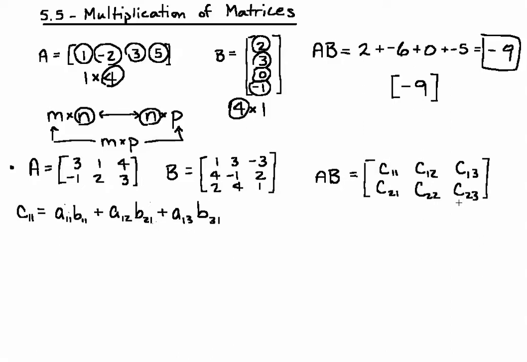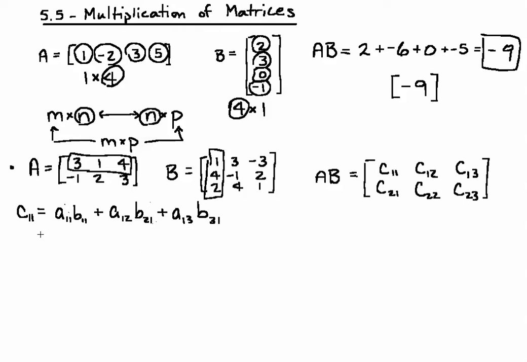So starting this out, we're going to apply the same principle. We're going to start with the first row and the first column, and we're going to do the same thing that we did up here.